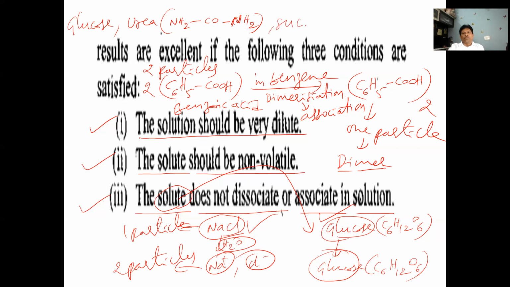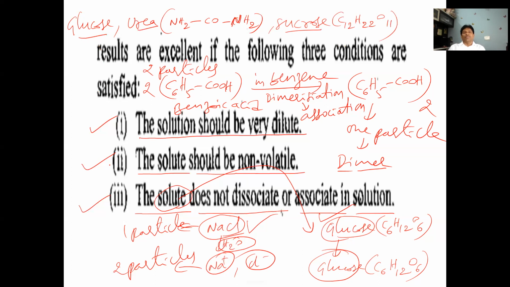Sucrose is nothing but sugar, and the sucrose formula is C12H22O11. These three, sucrose, urea, and glucose, will neither dissociate nor associate in solvent.